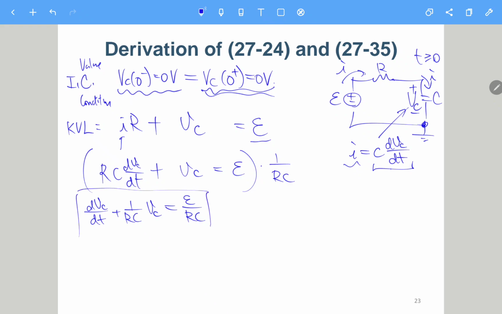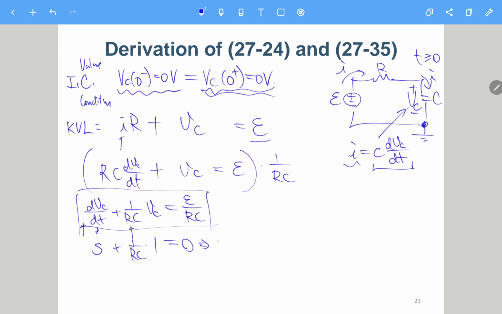Okay, so this is a first order constant coefficient ODE. The coefficient 1 over RC, both of them are constant, so this is a constant coefficient linear ODE. First step is to write the characteristic equation. This is the first derivative, we change it to S, and then plus 1 over RC is a constant, and then VC we change it to 1, and then equals 0.